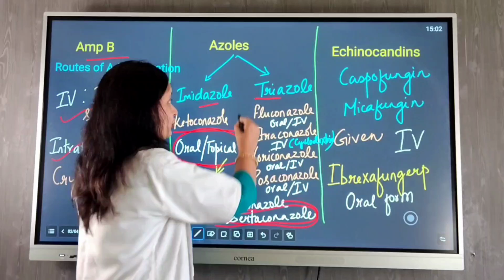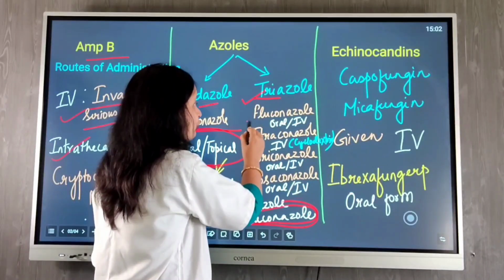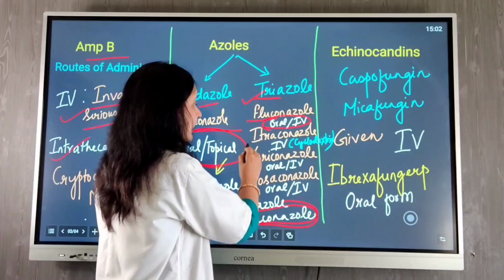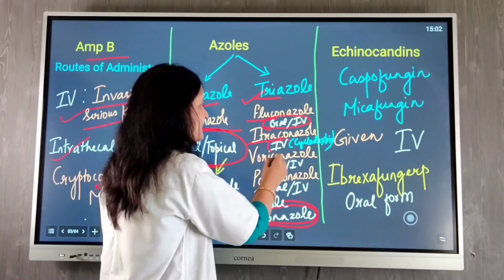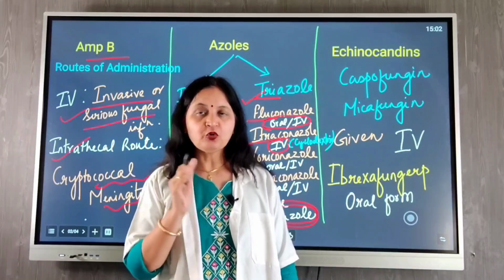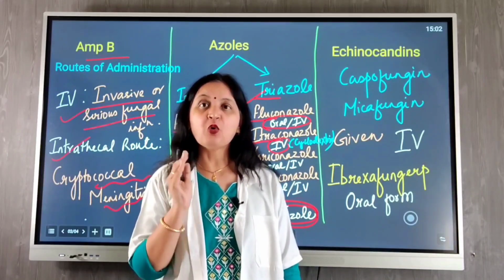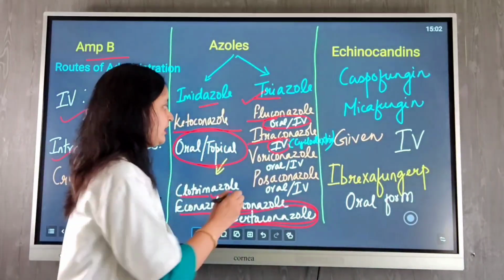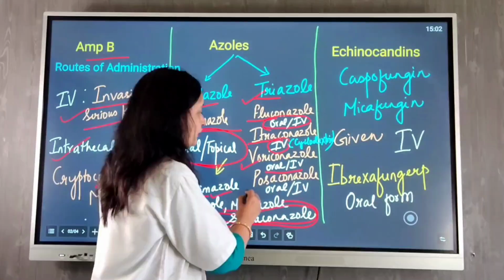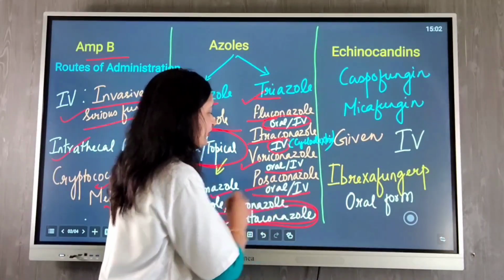Now coming to triazole class, which includes fluconazole, which is given orally and intravenously, itraconazole, which only has intravenous formulations. So fluconazole both oral and intravenous, itraconazole only intravenous formulation, voriconazole is available as oral and intravenous, posaconazole is available as oral and intravenous.